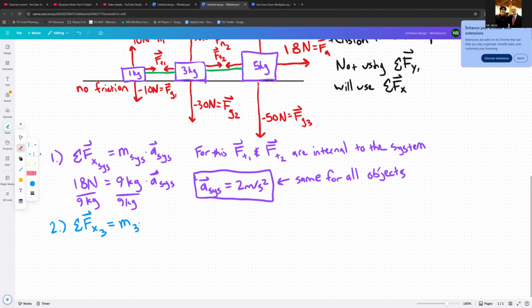So we do have to be careful with F equals ma. When you do a sum of forces for a particular object and you say, I want to look at the forces acting on object number 3 or object number 2 or the system as a whole, you want to make sure that the mass, the m in F equals ma, is the mass of whatever object you are looking at.